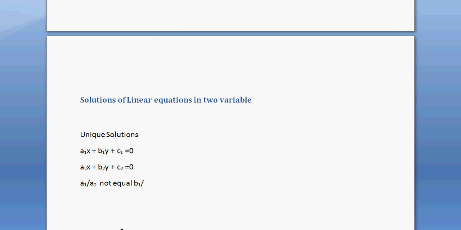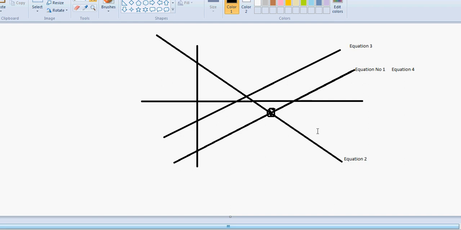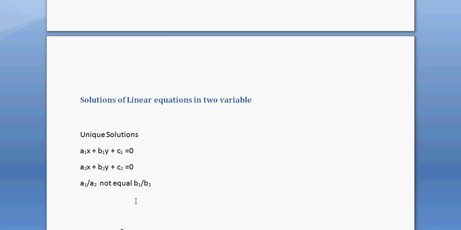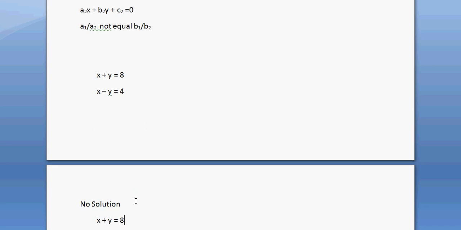If that's true, only then we will say that they have a unique solution. So here equation 1 and 2 are having a unique solution, which means that a1 by a2 is not equal to b1 by b2. That's the condition which has to be true so that they have a unique solution.